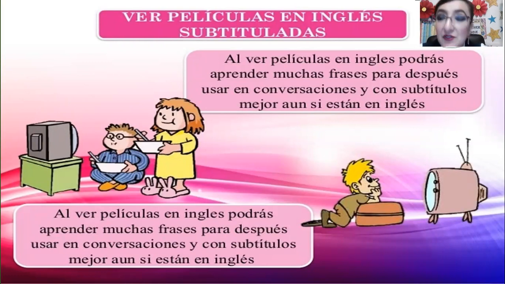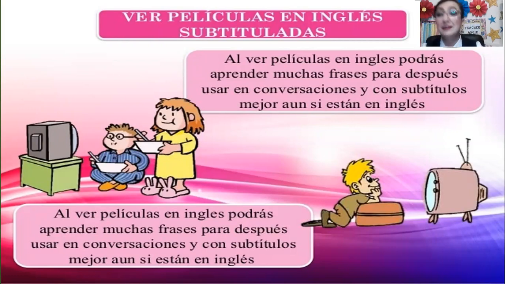And if you are going to be using subtitles, try that the subtitles can be in English. As I was telling you, you are going to be learning a lot of phrases that are going to be very useful when you are going to be having conversations.